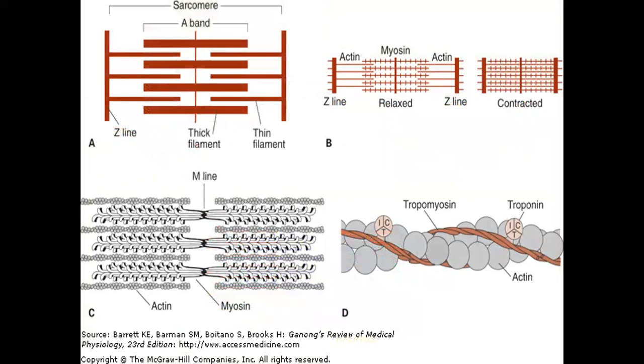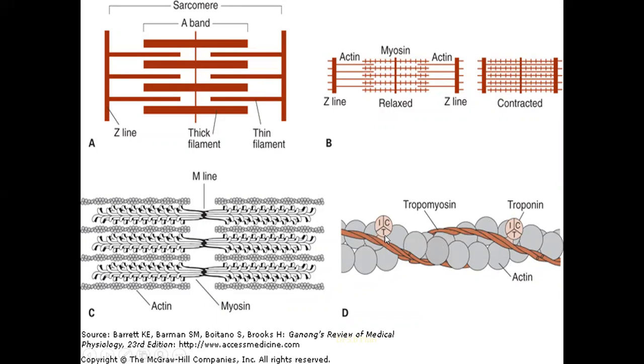Just to expand on those for you to appreciate even more, the troponin complex is attached at a different segment on tropomyosin. The actin is a filamentous actin because there is polymerization of globular actin into filamentous actin. So the interaction is inhibited by the tropomyosin that is covering the binding sites.